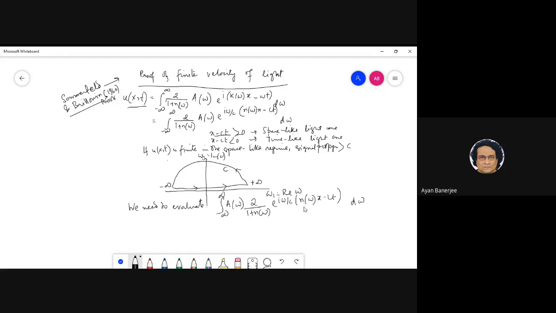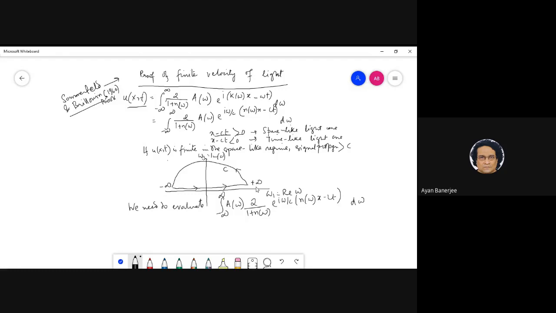It is possible to have solutions for velocities faster than light.